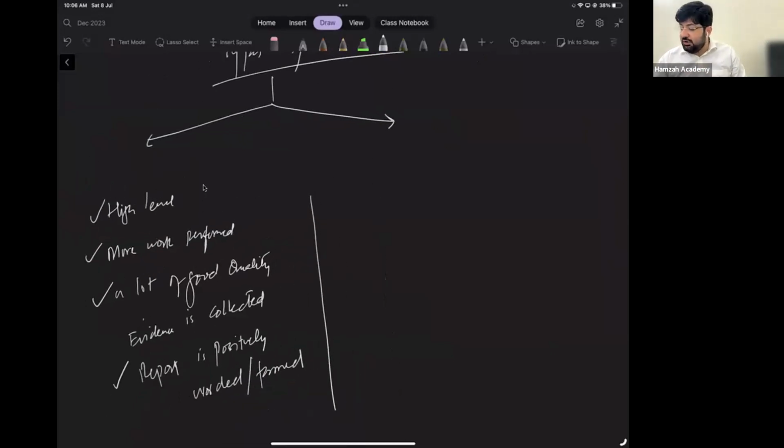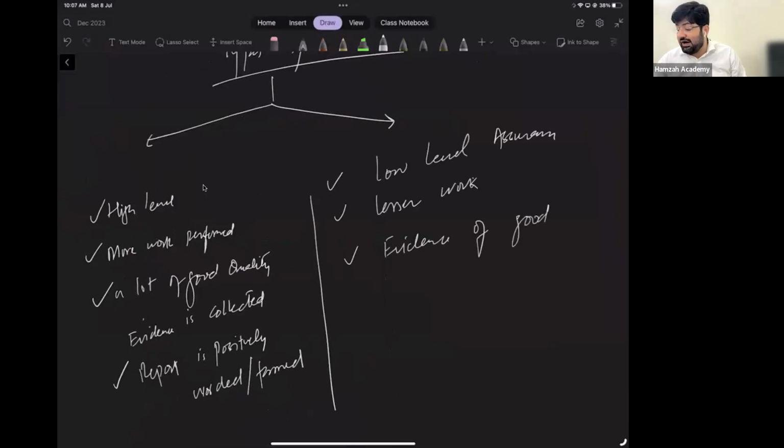And here, lower level assurance. Lesser work, or evidence of good quality is not available.